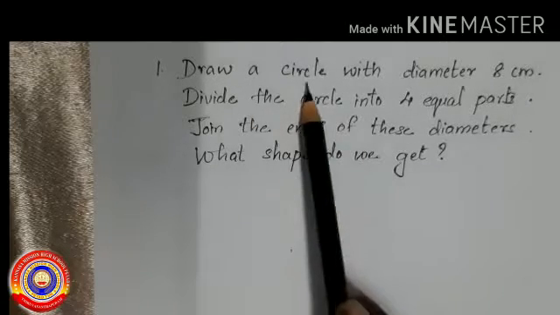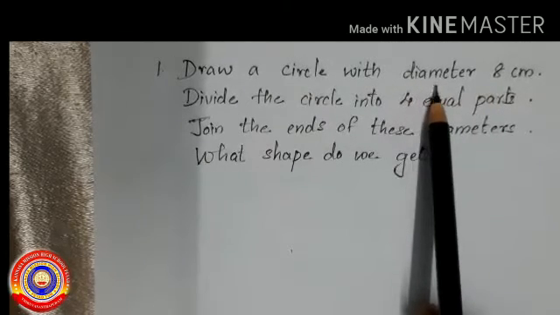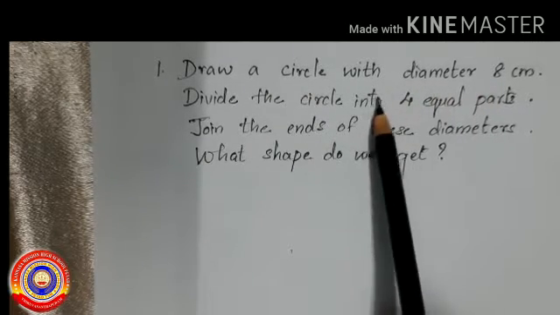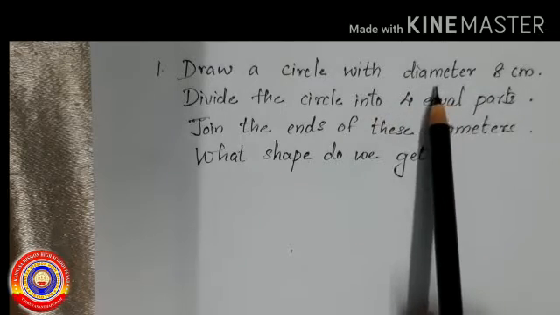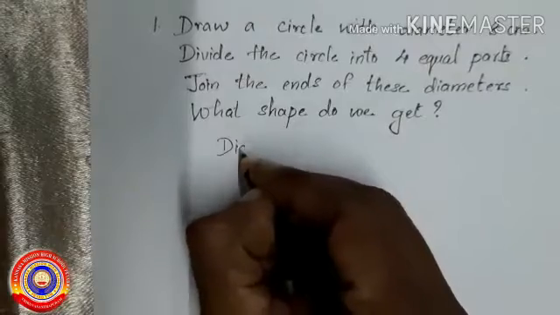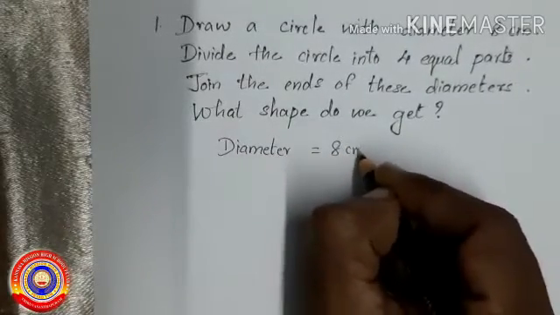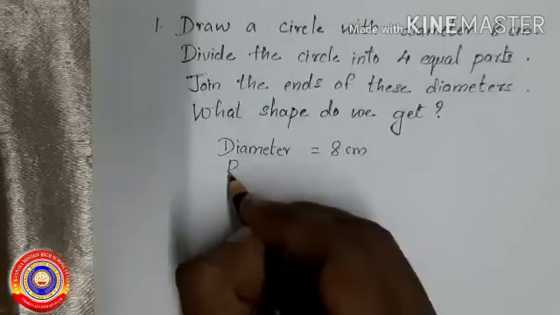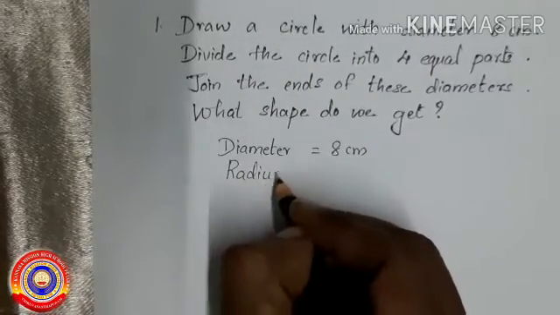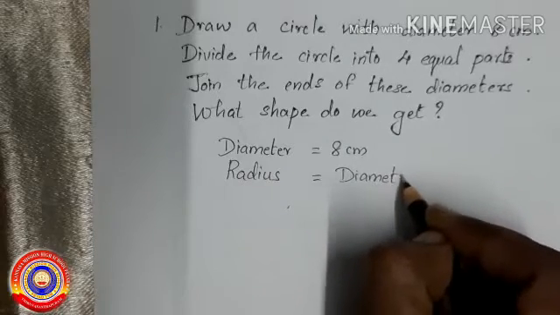We cannot draw a circle using the diameter. Then, what shall we do? We have to find the radius. Diameter equals 8 centimeter. Radius equals diameter divided by 2.